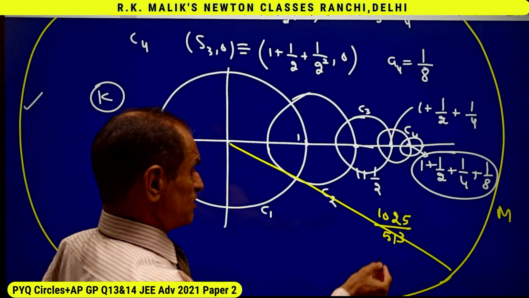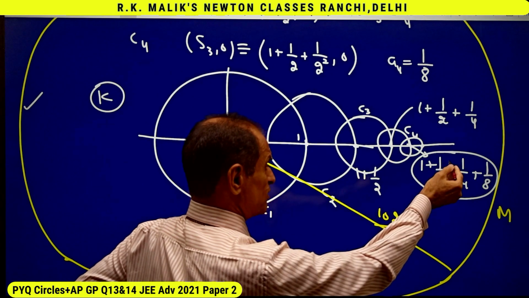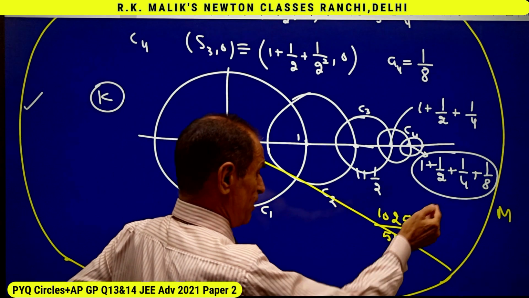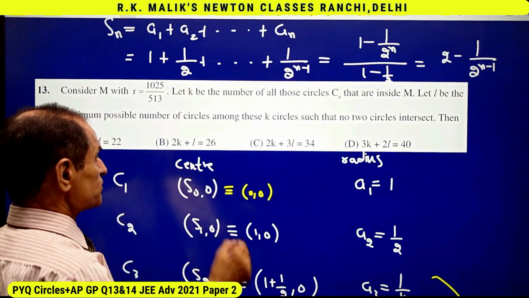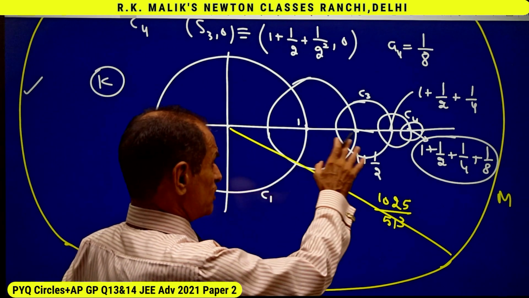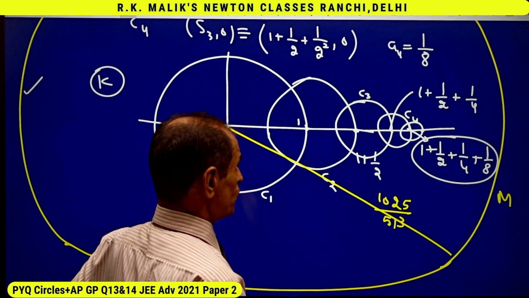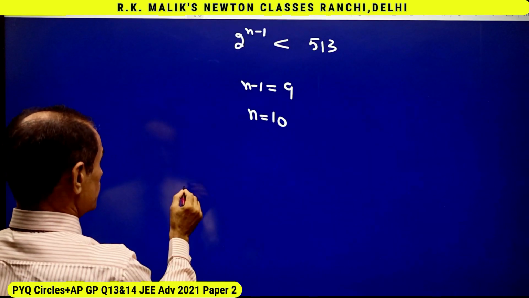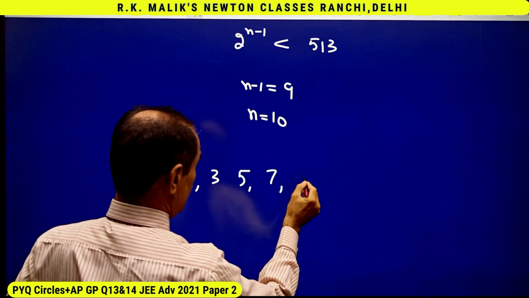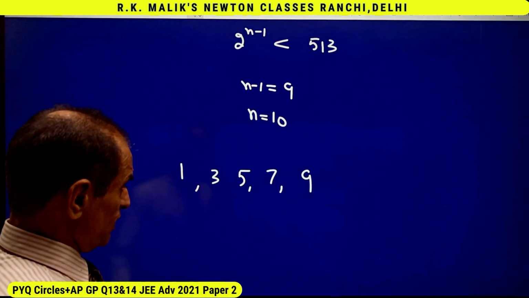That is, 10 is the maximum value of n which will satisfy this. That is, in case radius of M is this much, then 10 circles are possible which will lie inside the circle M. That is, the value of K becomes 10. And now the maximum number of circles which do not intersect each other will automatically become 5, because first, third, fifth, seventh and ninth circle will not cut each other.